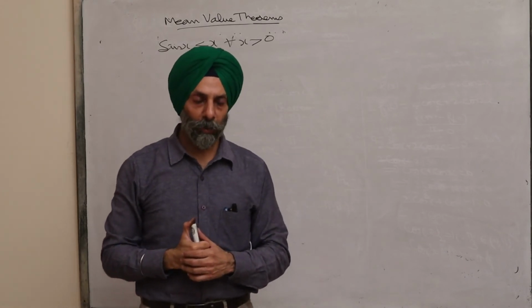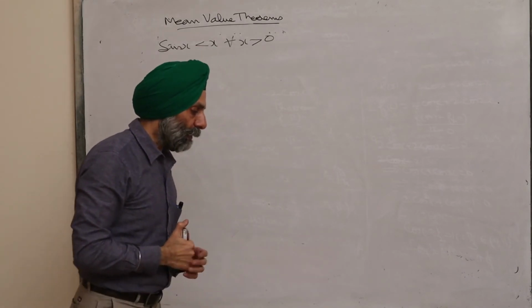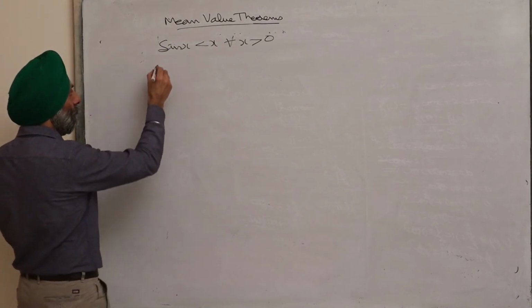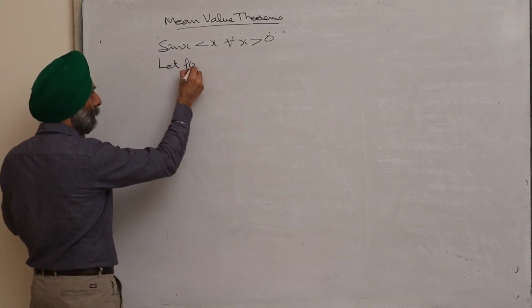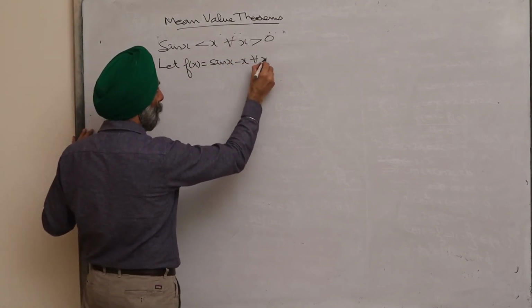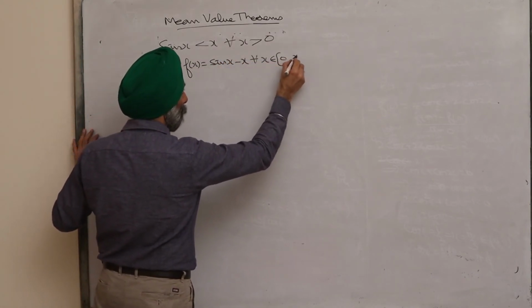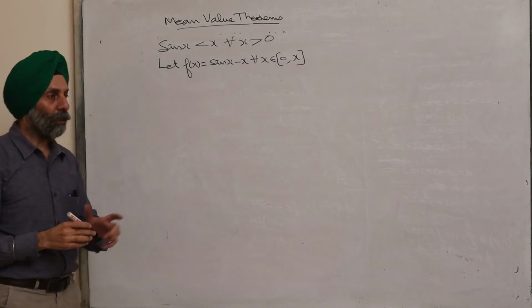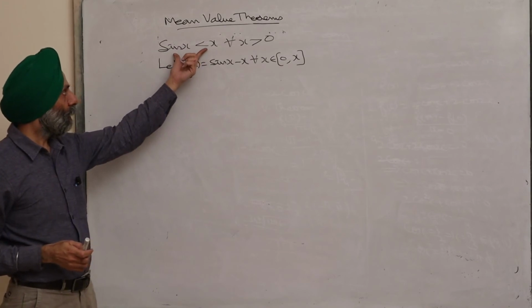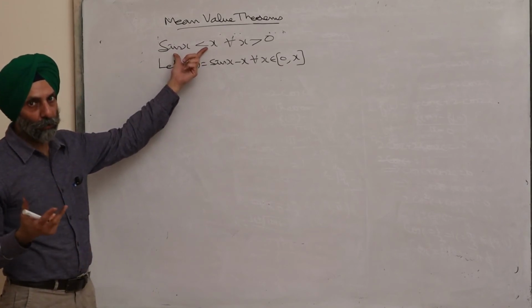Using Lagrange's mean value theorem, we have to show that sin x is less than x for all x greater than 0. Let fx is equal to sin x minus x for all x belonging to the interval 0 to x here. So this we are considering the function according to the relation which we have to prove.